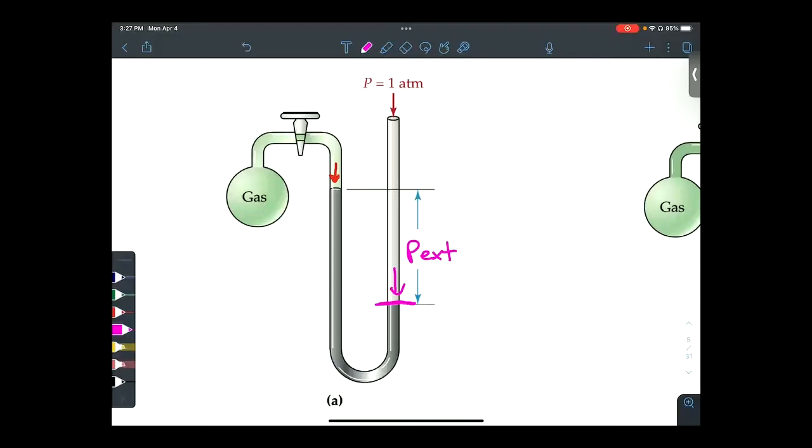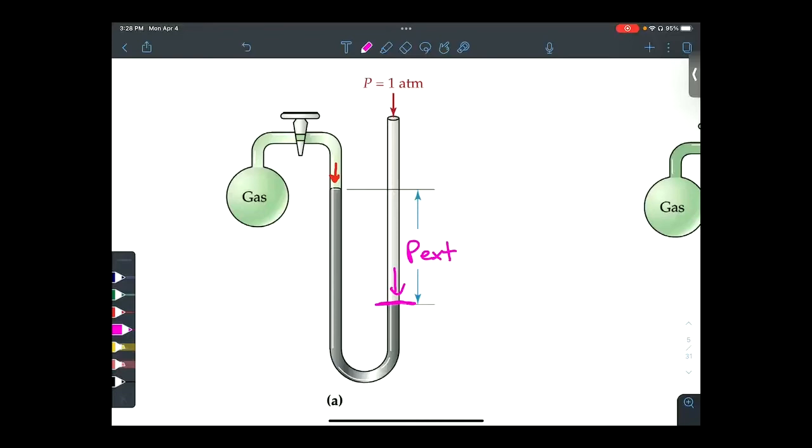Which is exerting more pressure, more force, the gas sample or the atmosphere? Think about where those forces are coming from. What in this picture is exerting more pressure, the external pressure, like our atmosphere, or the gas sample? What do we think? The external pressure, yes. That's correct.